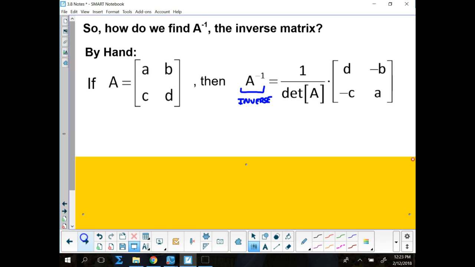How do I find the determinant of matrix A? Crisscross.